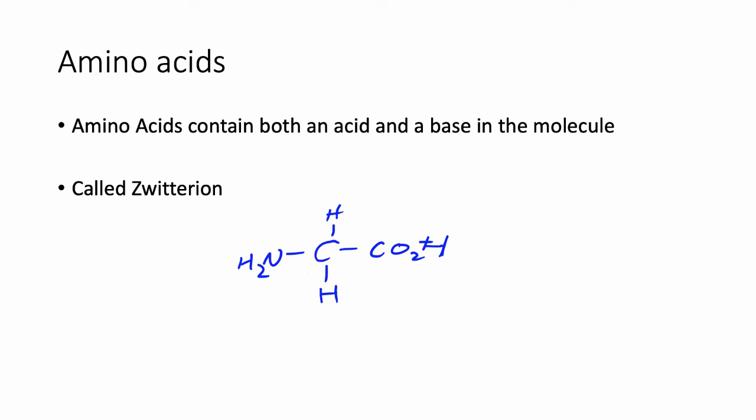It's going to have this type of structure. Here's the basic portion. This is the acid portion. And you can see that in chemistry, both of these can react in water to form H3N plus, CO2 minus, and here's an H, and here's an H. So we have that type of chemistry.